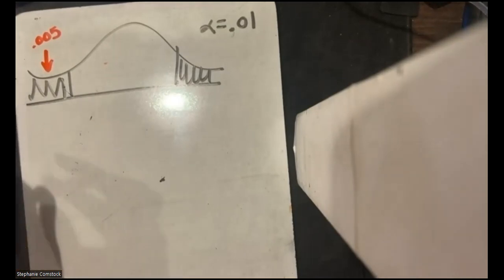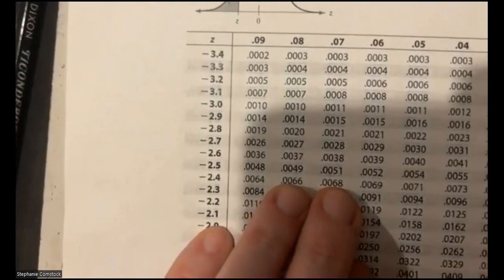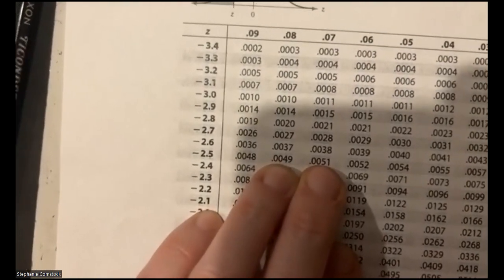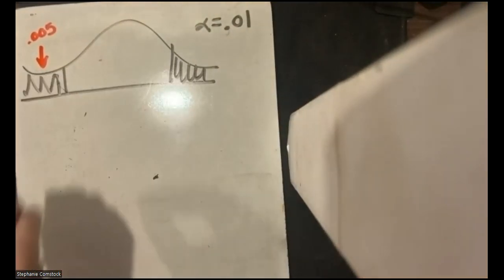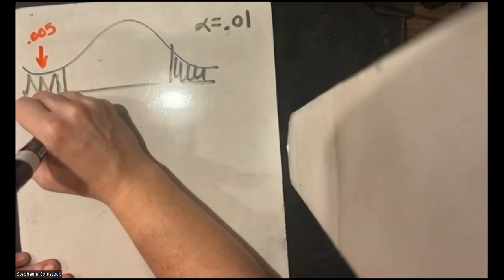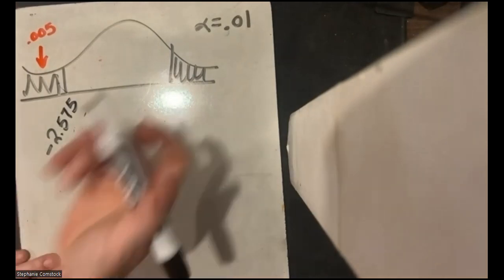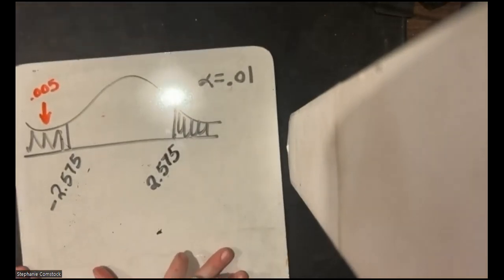So if I work with my table and try to find as close to 0.005 as I can possibly get, and I'll move this down here real quick, we get between 0.049 and 0.051, which are smack split between negative 5.7 and negative 5.8. So we're going to split the difference right between them, which means my critical value, and in this case there are going to be two, is at negative 2.575, and this will be at positive 2.575. There's where those would sit.